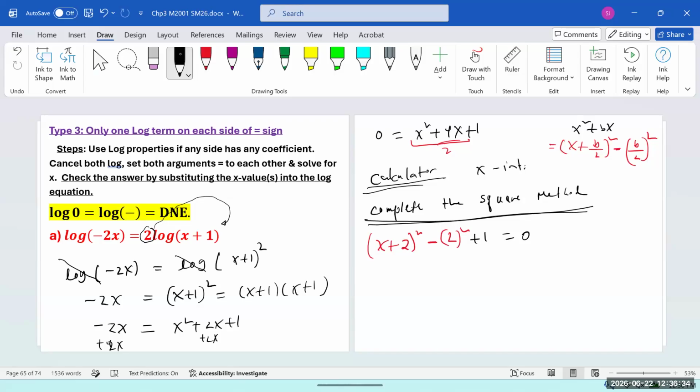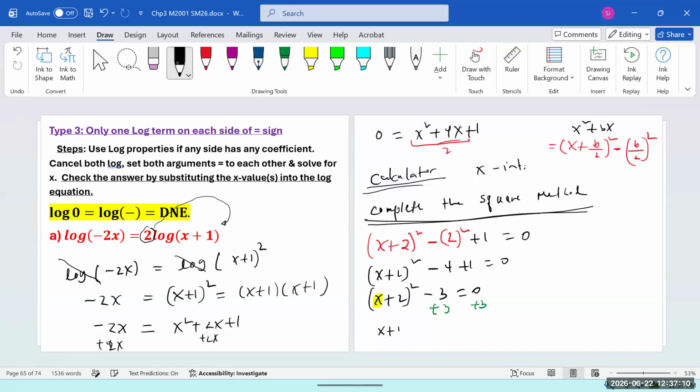You just rewrite the first two terms using double squares. And then we get x plus 2 squared minus 4 plus 1, 0. So x plus 2 squared minus 3, 0. And now this one is nicer. So if you want to get x alone, which one you get rid of first? The 2 from the inside, the square power, or the negative 3 from the outside? So we add 3.